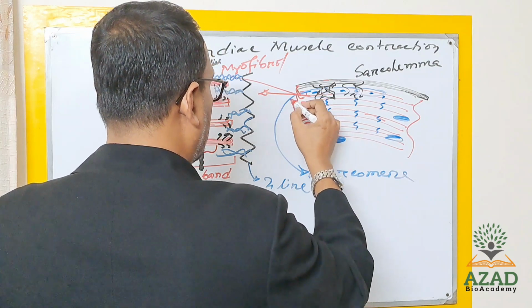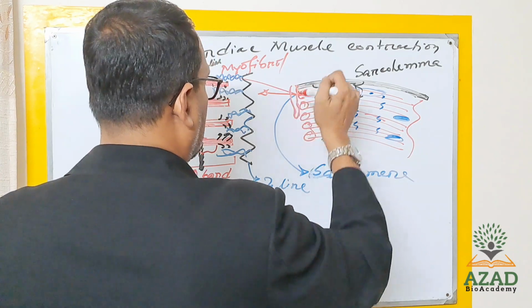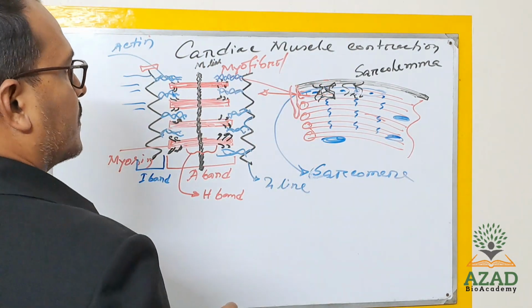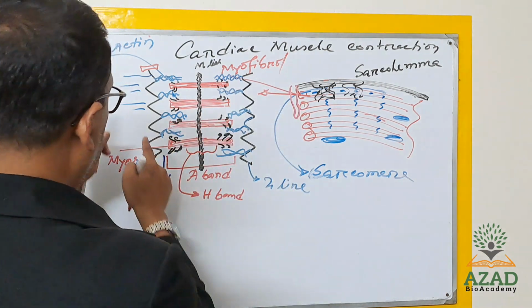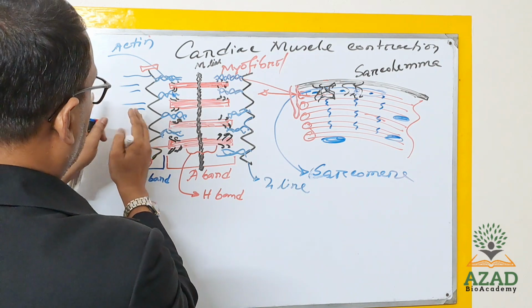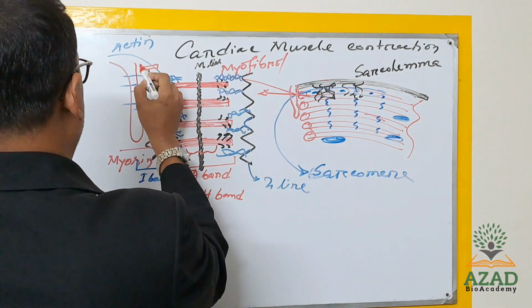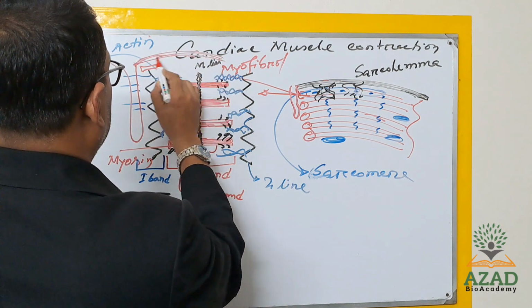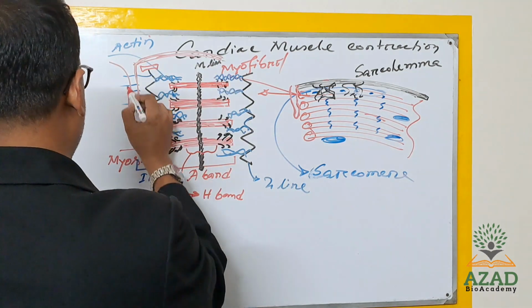Another tube-like structure protrudes inside the cardiac cell, that is called the T-tubule. So this is the sarcolemma, and this is the T-tubule.